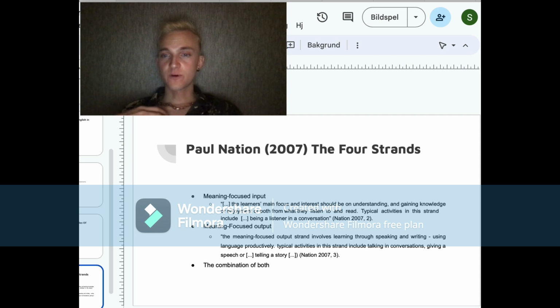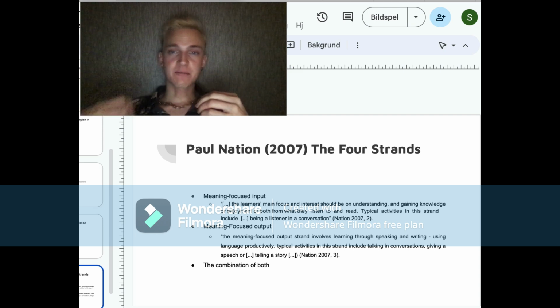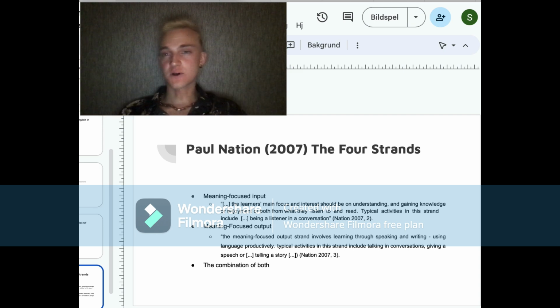So for output, they are already comfortable speaking about their own opinions, but now they also get input where they get to hear about topics that perhaps they didn't discuss, learn vocabulary and how they would argue, and perhaps also hear how other groups argued for their specific topics. And the combination of them both usually takes place, and I believe this is a very good inclusion in the lesson, which is why I decided to add this.